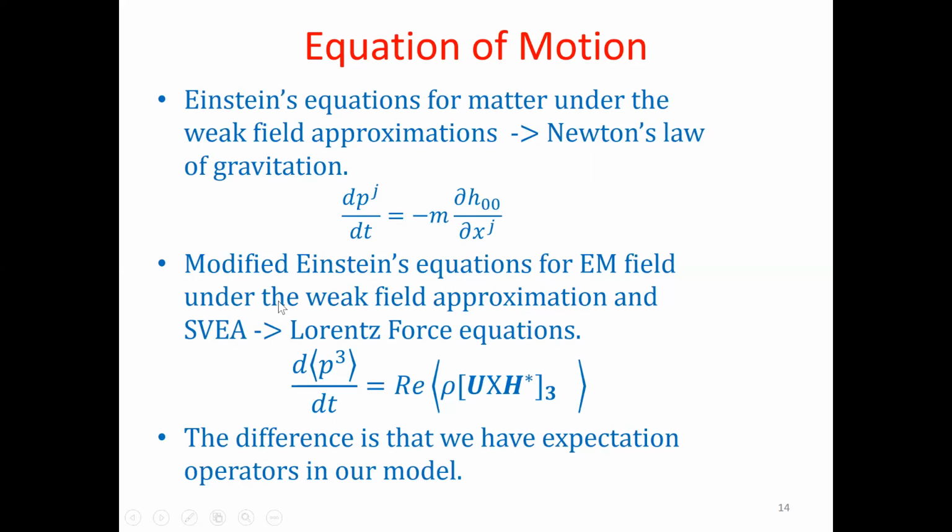Next, let us consider Einstein's equation for the EM field. Under the weak field approximation and slowly varying envelope approximation, it leads to the Lorentz force equation. The difference is that we have expectation operators in our model. So both Einstein's equation for matter as well as these modified Einstein's equations give us equations of motion.